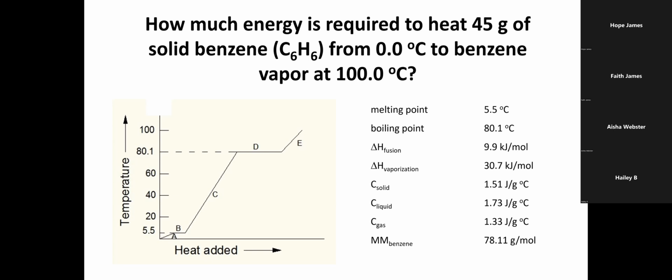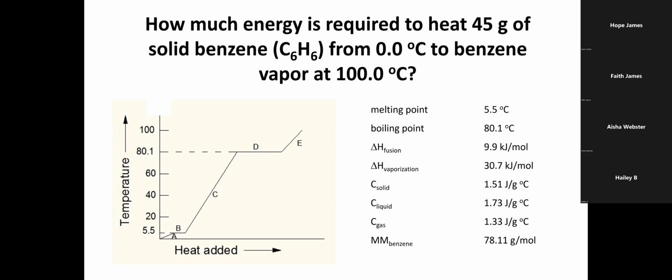It has some different regions of the curve labeled. So this one doesn't label the points, it just labels the regions. A is that first slopey area, B is the flat area, C is the second slopey area, D is the second flat line there, and then E is another sloping area there.